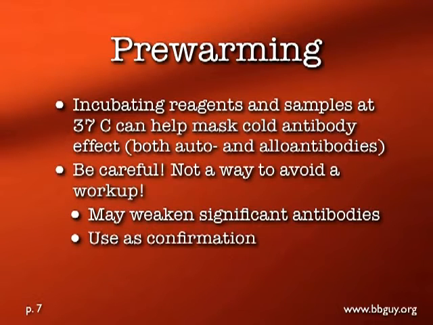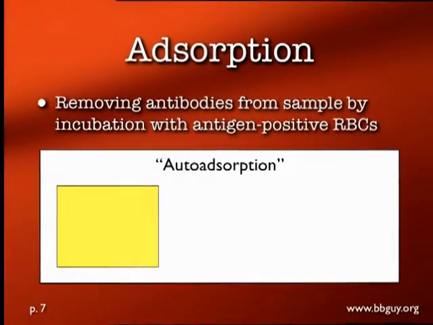Don't use it to just make the reactions go away and say, oh yay, I'm done, there's nothing there. You really need to take a close look at what you're doing and figure it out as best you can before you go to pre-warming, which should be used just to confirm your initial impressions.